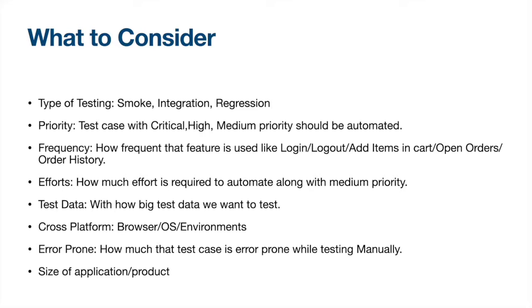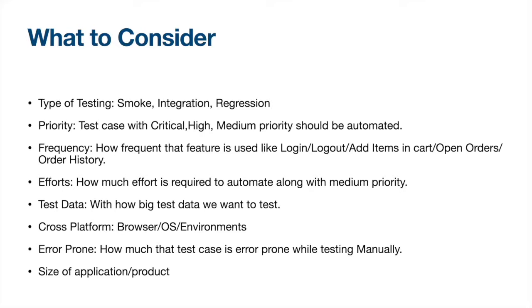Another point is the size of the application and product. It all depends on the size of your application. If your application is small, then you can go for all the test cases. But if your application is big, then you need to be very selective in the automation test suite. You need to break your automation test suite into smoke, integration, or regression.